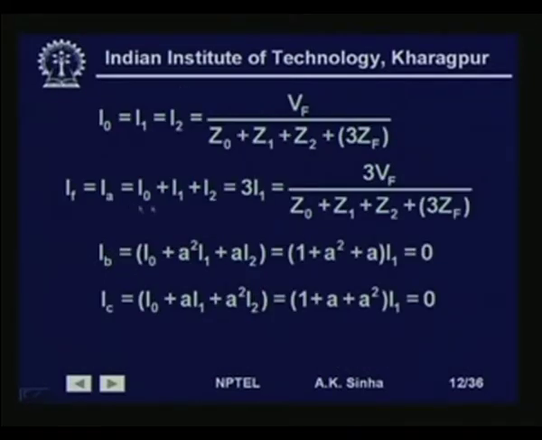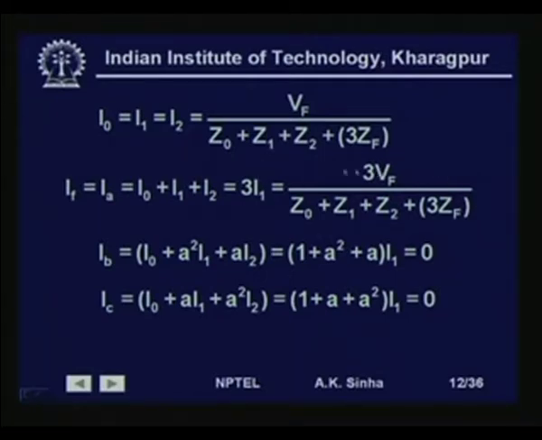Therefore, we have here I0 is equal to I1 is equal to I2 is equal to Vf by Z0 plus Z1 plus Z2 plus 3 ZF. And what is IF? IF is equal to IA, which is equal to I0 plus I1 plus I2, which is the same as 3 I1. Therefore, this is equal to 3 times Vf divided by Z0 plus Z1 plus Z2 plus 3 ZF, and this Vf, as we have said earlier, we assume to be 1 per unit.